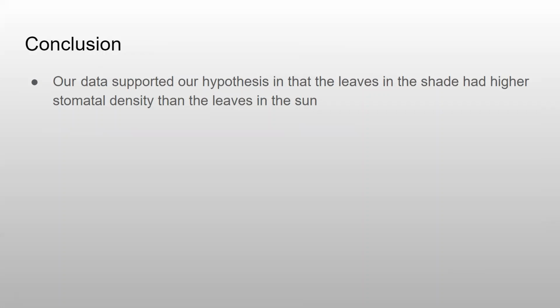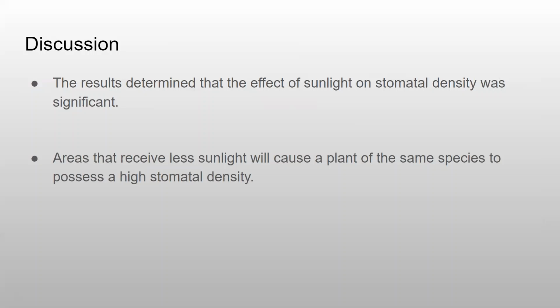In conclusion, our experiment displayed how our hypothesis of higher amounts of sunlight causing a lower density of stomata in our American holly plant was true. The area of the holly that was shaded had a much higher stomata density than the leaves in the front that receive sunlight throughout the day. This displays how location to the sun can affect stomata density on plants.